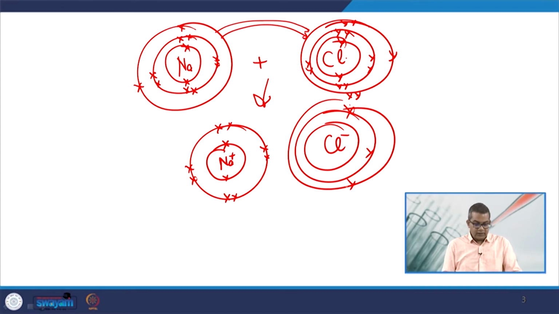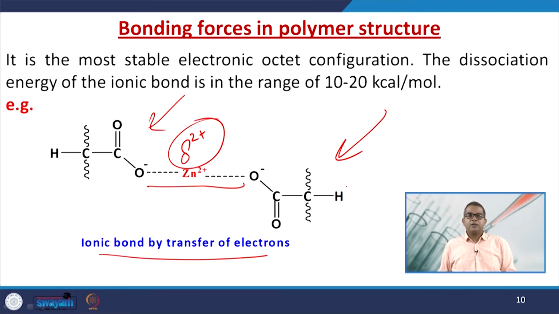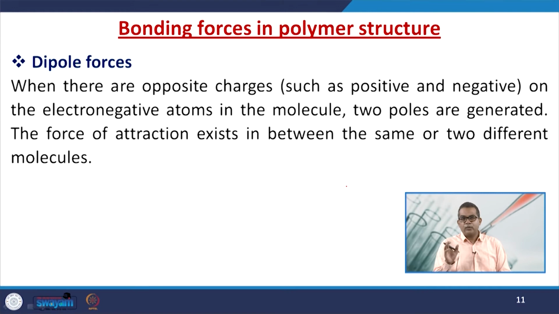So, as I told you, this particular type of structure is the most stable one because of the affinity of two oppositely charged systems. Now, let us have a look at the dipole forces. When there are opposite charges, positive or negative, on the electronegative atoms in the molecule, two poles are usually generated.